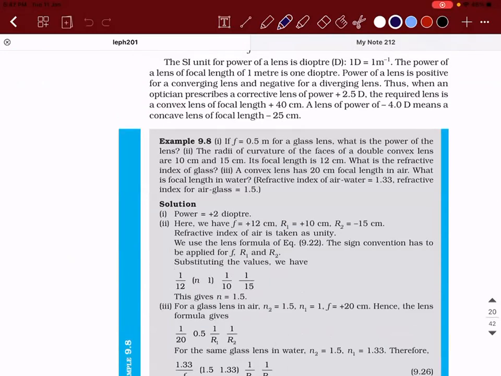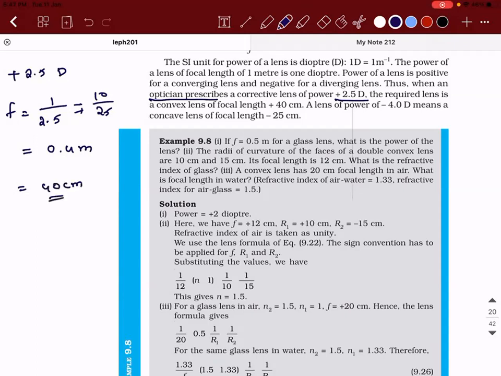If they say the corrective lens power is plus 2.5 diopter, then the focal length will be 1 divided by 2.5, or 10 divided by 25, which is 2 divided by 5, or 0.4 meter, which is also equal to 40 centimeter.